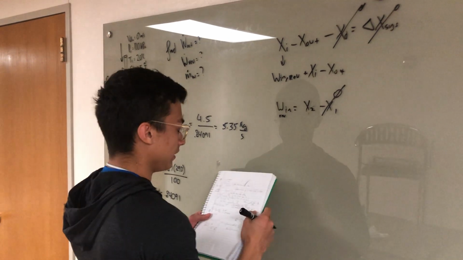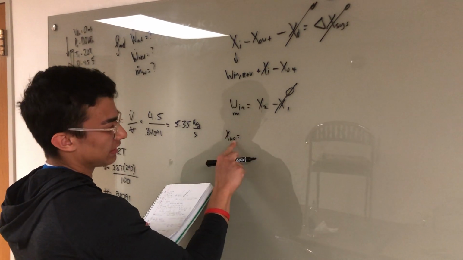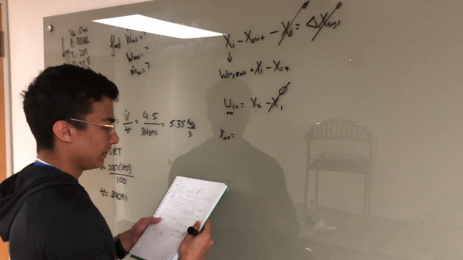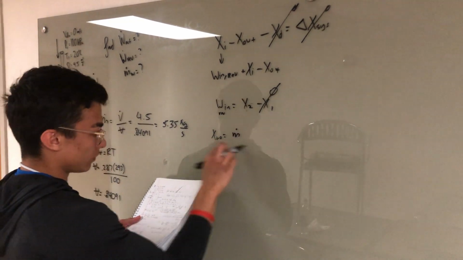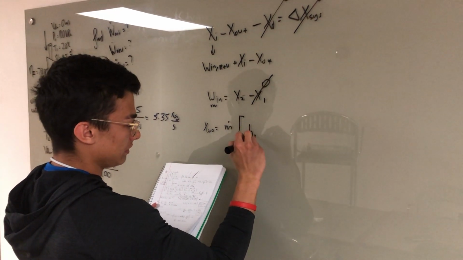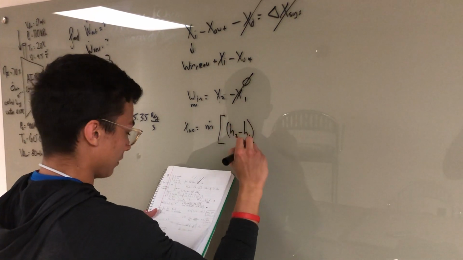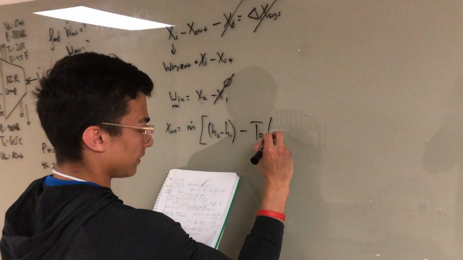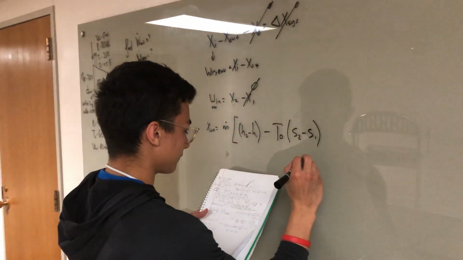So let's just write out the exergy equation with 2 and naught, because X naught is going to be the same thing as X1 since the ambient conditions are the same as the inlet. And the base equation is going to look like this. M dot, which is what we just found, times the change in enthalpy, minus T naught, which is the ambient temperature, times S2 minus S1.